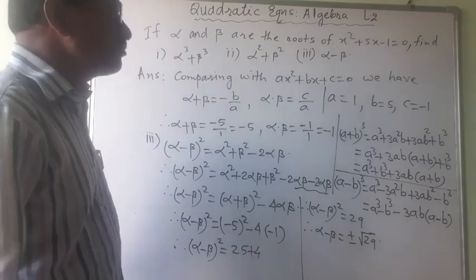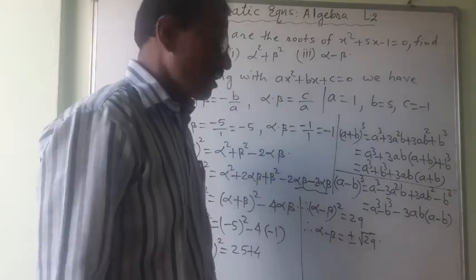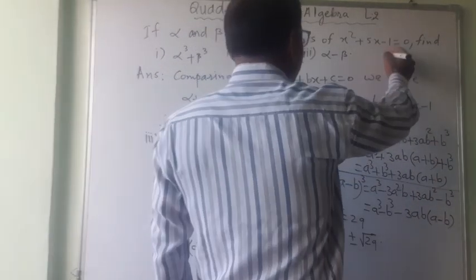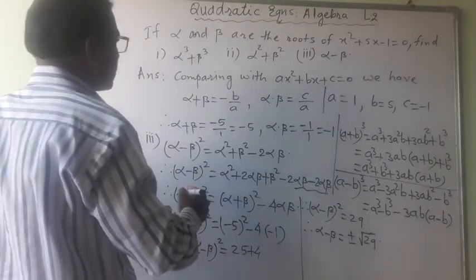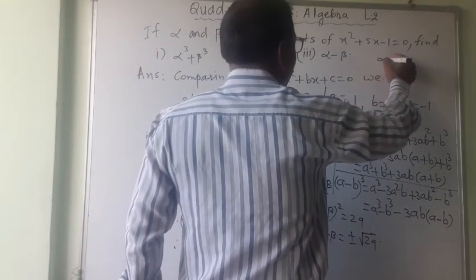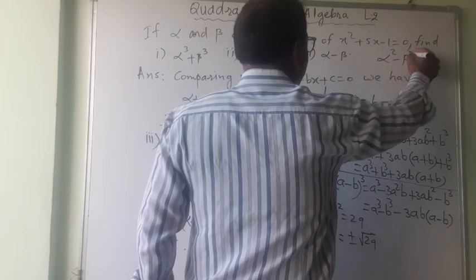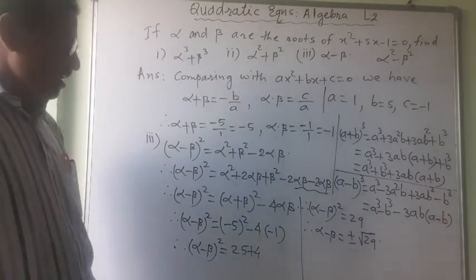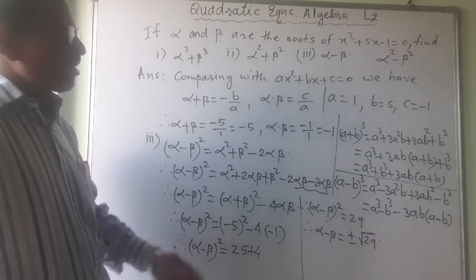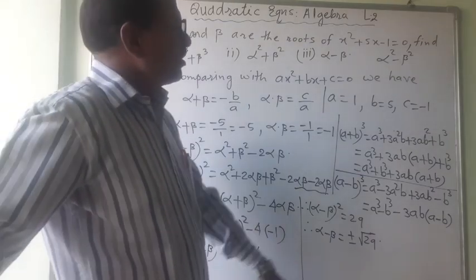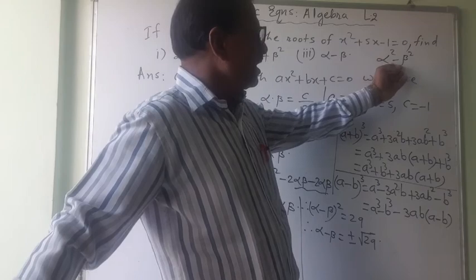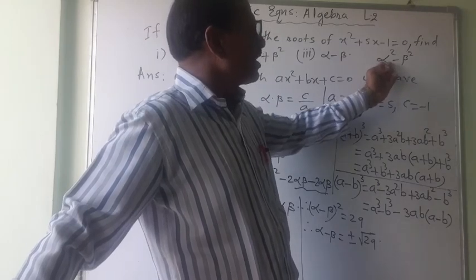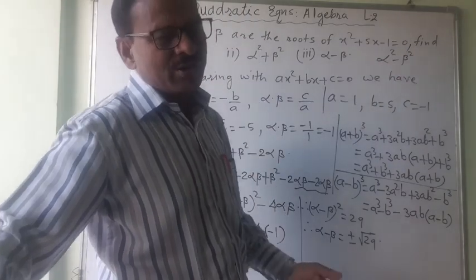Okay. Now suppose they have asked, they will not ask generally, but suppose they have asked alpha square minus beta square. Find the value of alpha square minus beta square. Now there is no formula where after expanding the square you will get alpha square minus beta square. There is no formula.